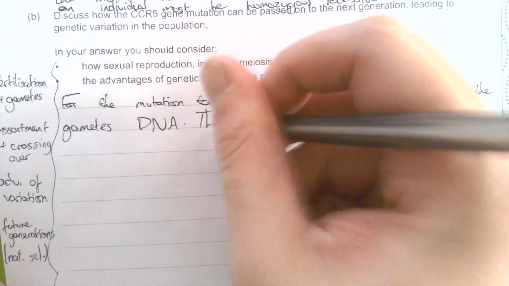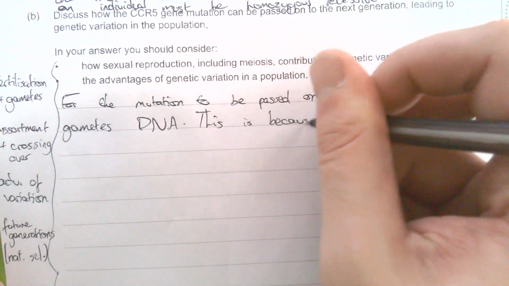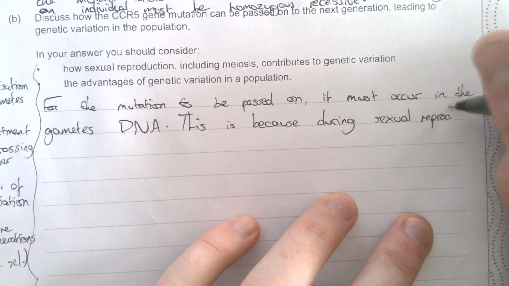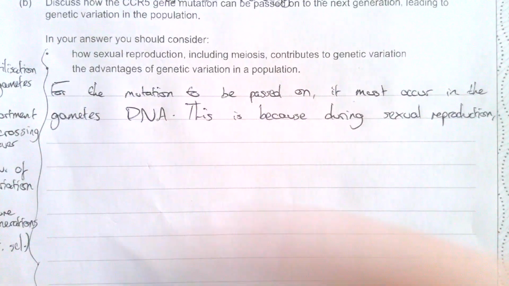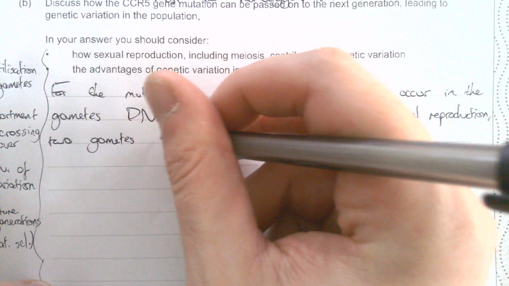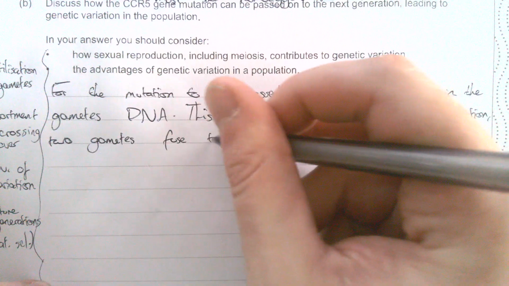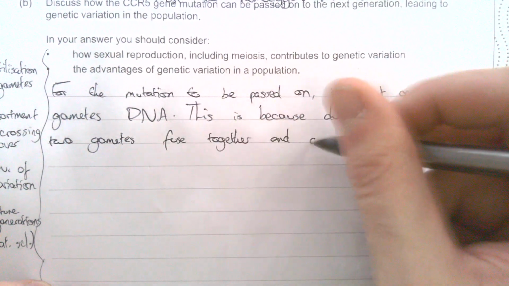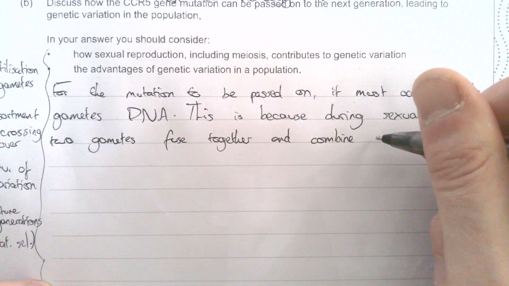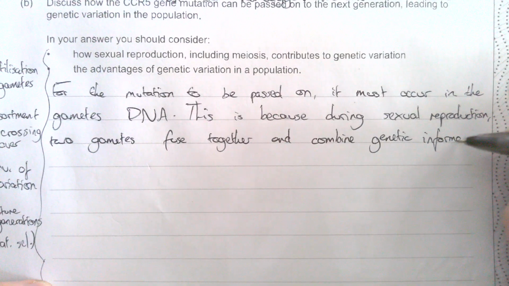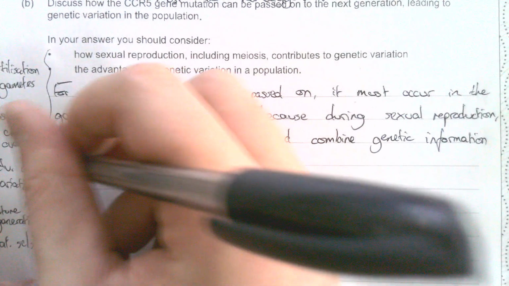This is because during sexual reproduction, two gametes fuse together and combine genetic material, or genetic information, to fertilize one another.